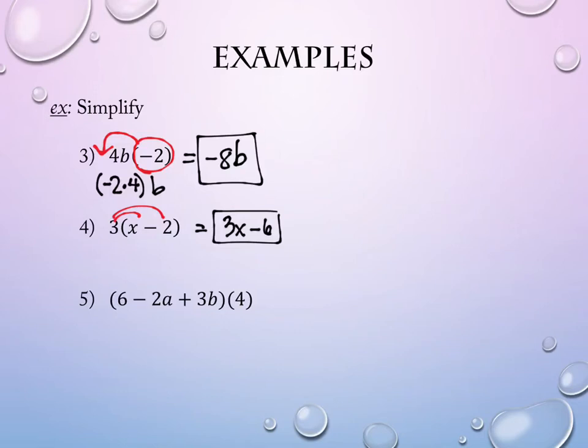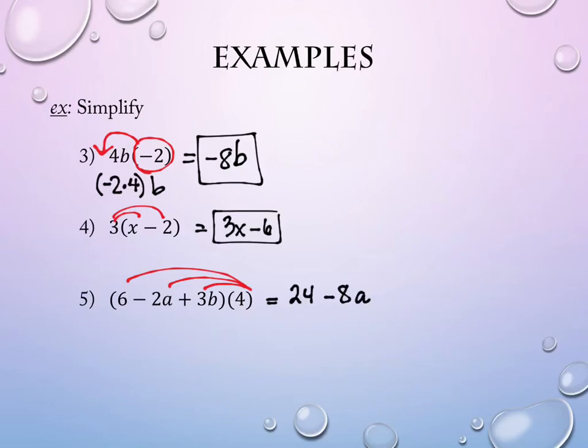Okay. What about number 5? What properties do you see present there? There's distributive again. The number that we're distributing is at the end this time. So we're going to distribute the number 4 into each of the 3 terms as opposed to 2 terms. So I have 6 times 4 is 24. 4 times negative 2a, negative 8a.